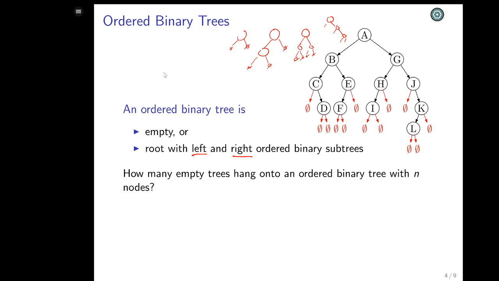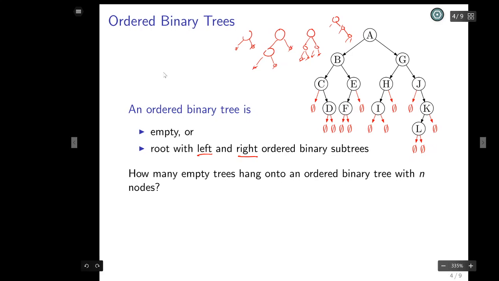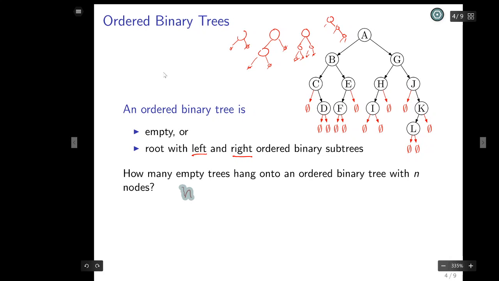Conjecture? N nodes, how many empties? Now check the big one, just to make sure you are correct. 1, 2, 3, 4, 5, 6, 7, 8, 9, 10, 11, 12, 13. Okay, this looks good.